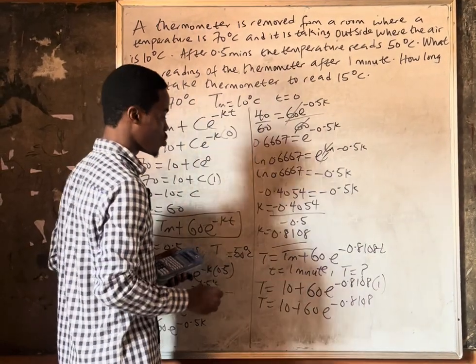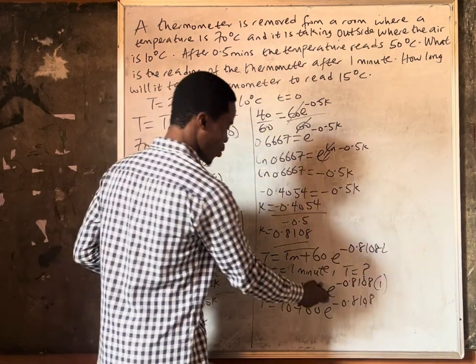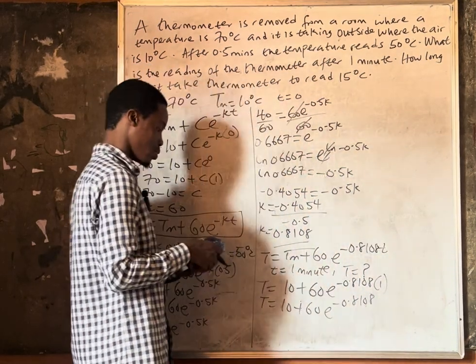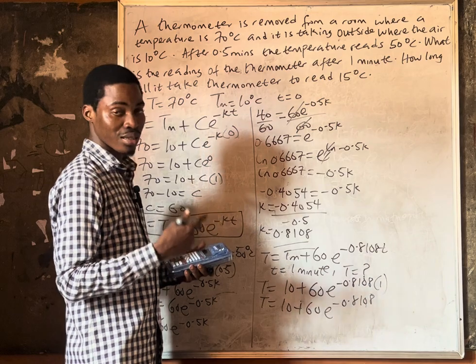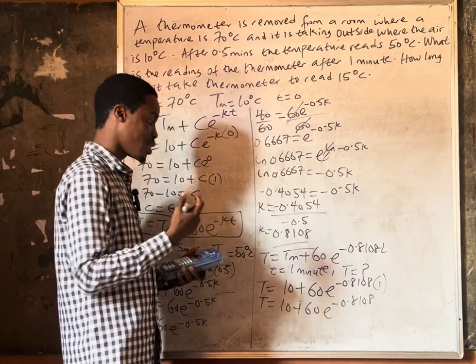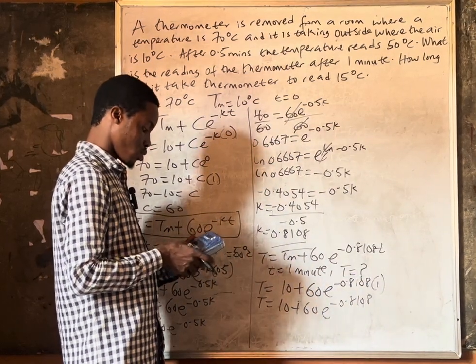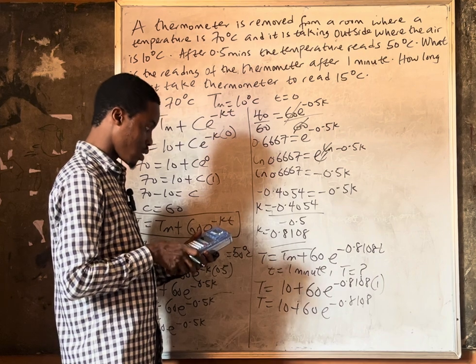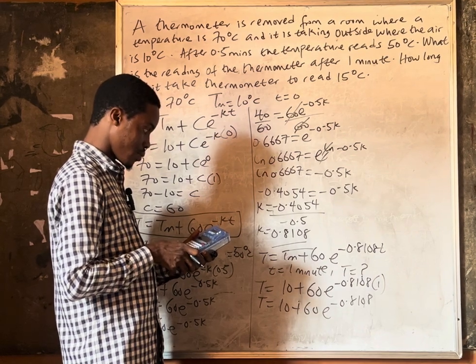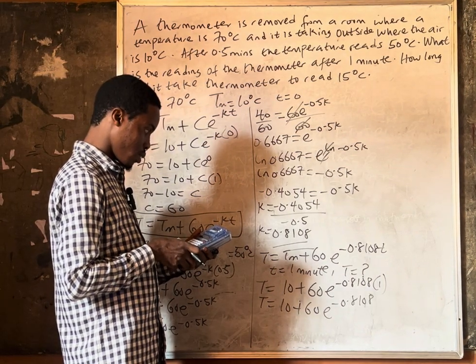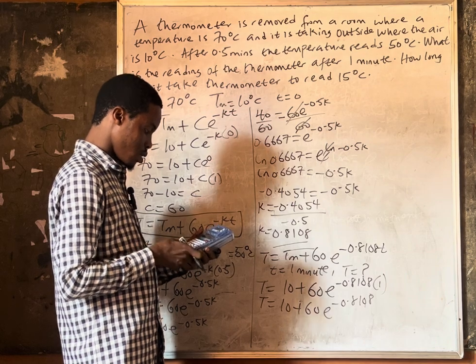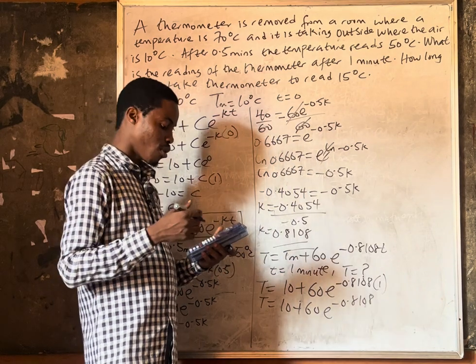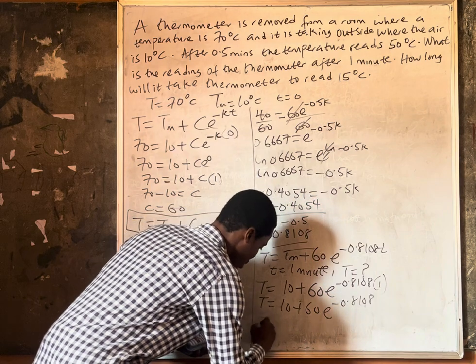We press exponential of minus 0.8108 and we get 0.4445.